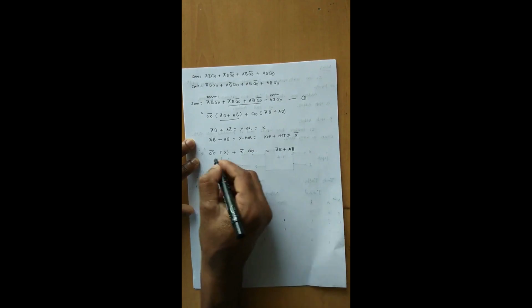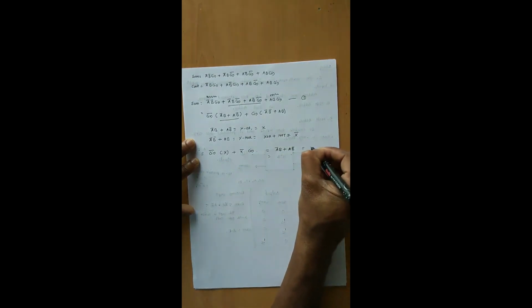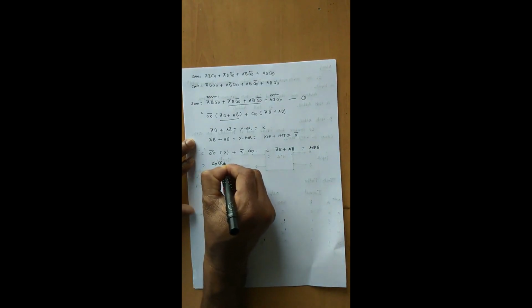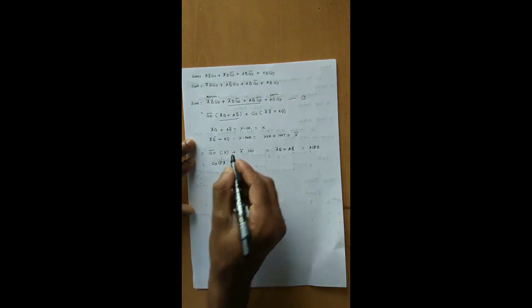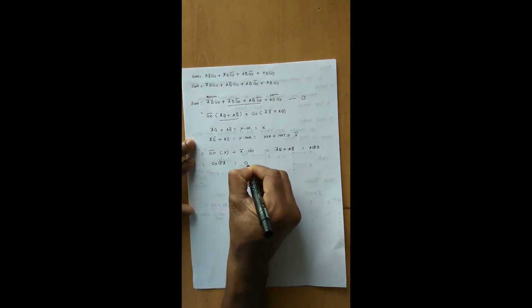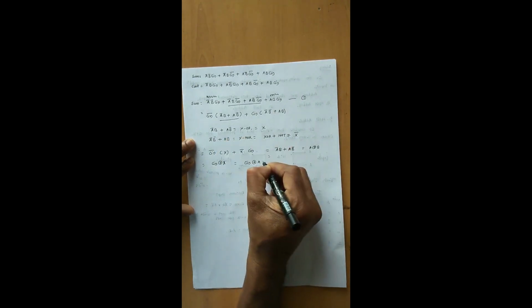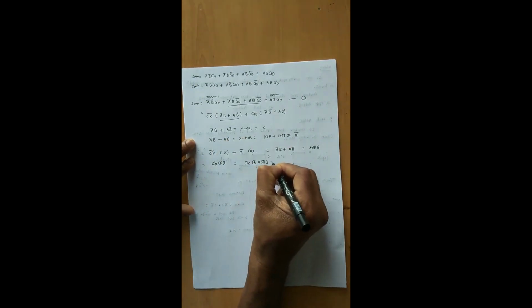So this is nothing but A XOR with B, so this will be C in XOR with X. What is the value of X? C in XOR with A, which is XOR with B. This is the equation of sum.